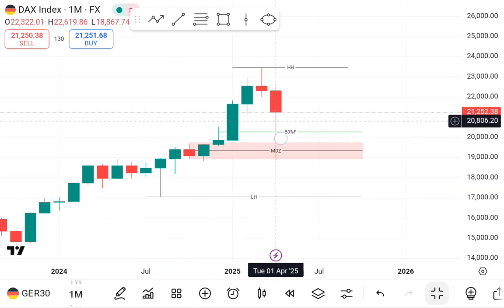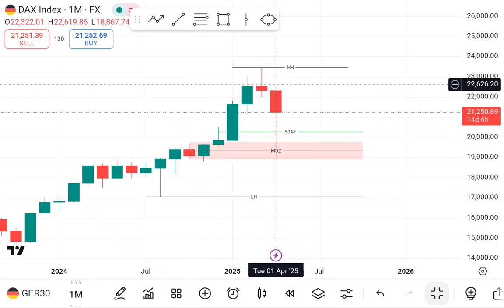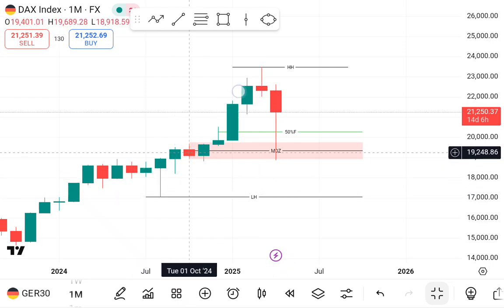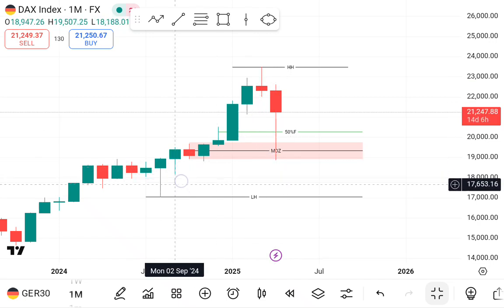When price is coming back to the 50% of this bullish move, buyers are more likely to enter, because now it's at the 50% of the move that they rode previously. Same when it comes to 75%, they are more likely to enter, because they are at a discount of 75% of the previous move.